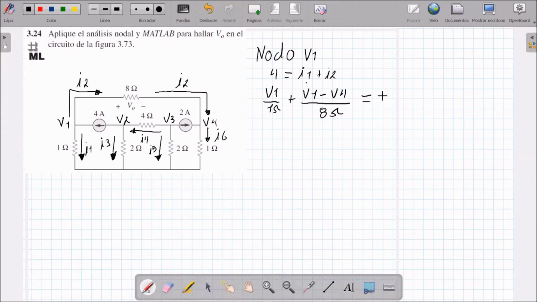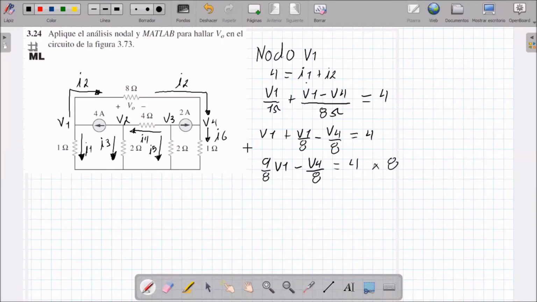Well, current I1 and current I2 are going to be equal to 4 amperes. So, if I apply this, I'm going to have V1 over 1 plus V1 over 8 minus, it's the same here, V4 over 8 equals 4. So whatever V1 has, I add it, and this gives me 9/8 of V1 minus V4 over 8 equals 4.